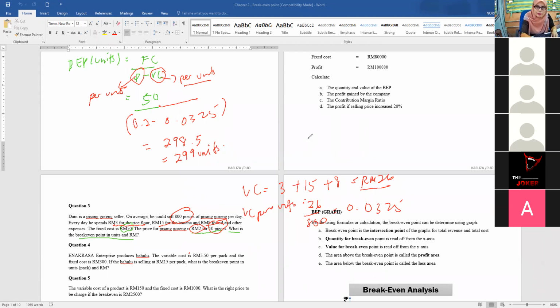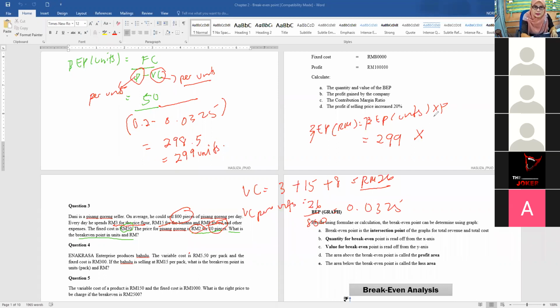So break even point in RM adalah break even point in units times dengan price. So means that jawapan yang kita dapat tadi 299 times price.